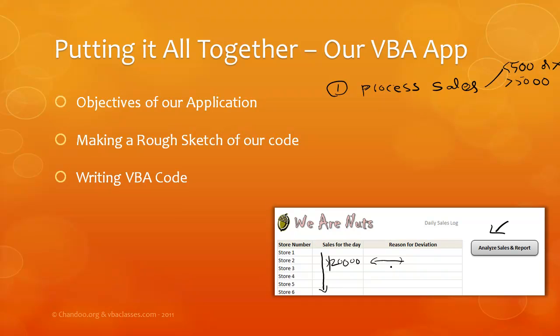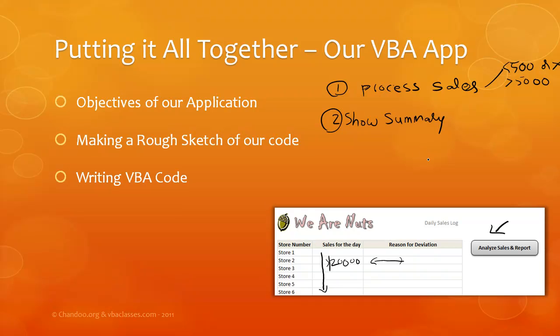Once that is done, while we are going through this list, we are also going to do some other things. At the end of this processing stage, that is after I go through all the 24 stores, I would like to do another thing, which is show summary. Right? What do we mean by show summary?